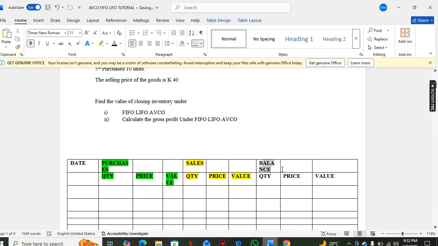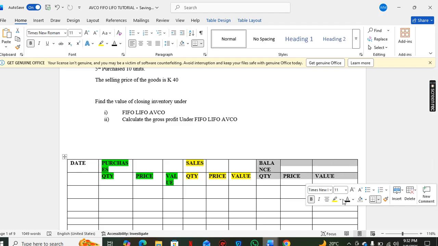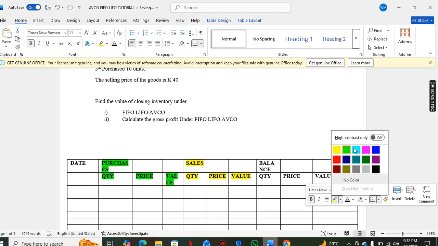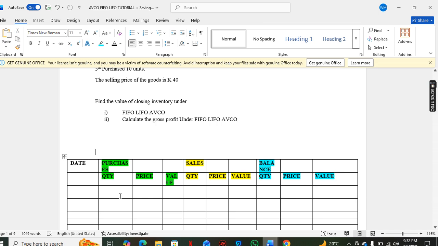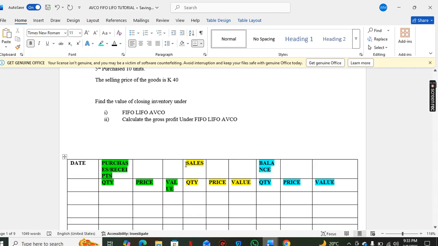And then you also have the balance column. Again, quantity, price, and value. So just remember there are three main columns for this. Purchases, in other books you're going to see it as receipts. Sales, other times you see it as issues. And finally the balance. So these are the three main columns we'll be dealing with.